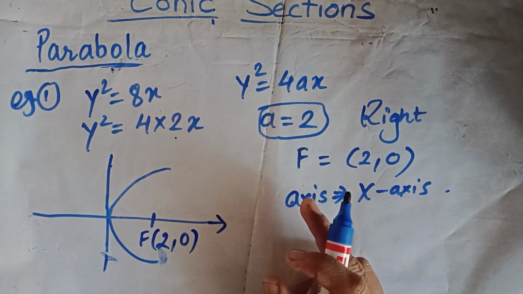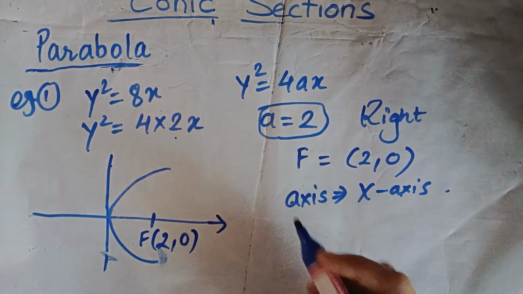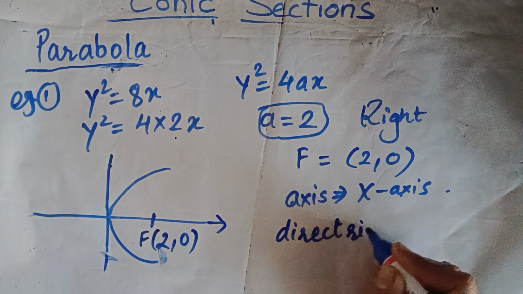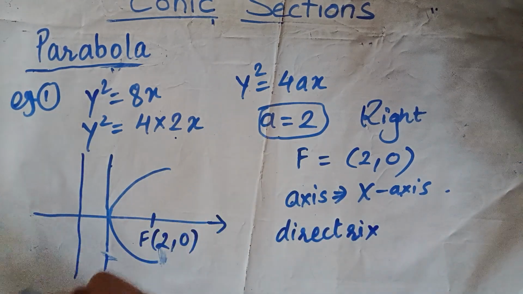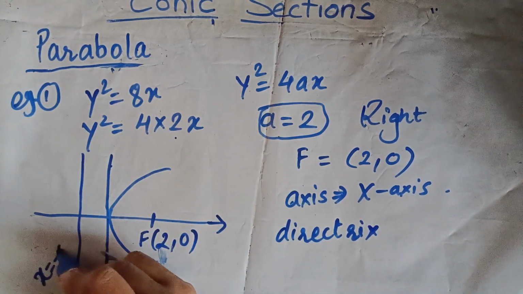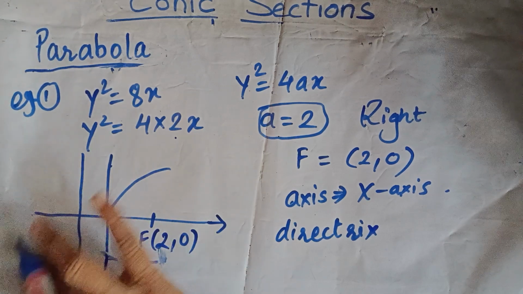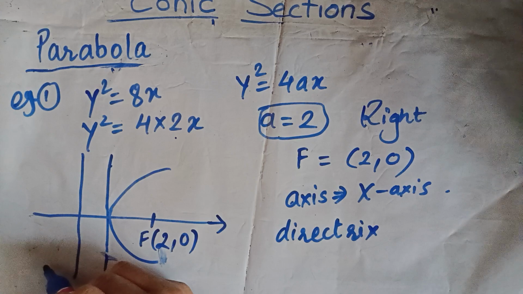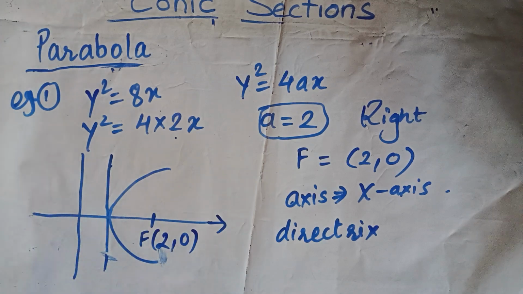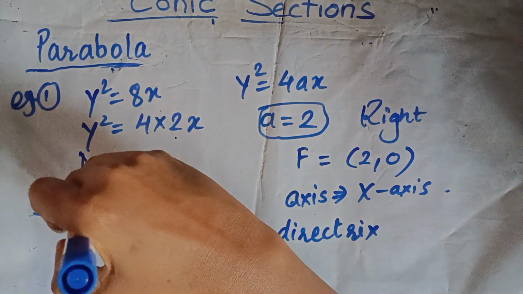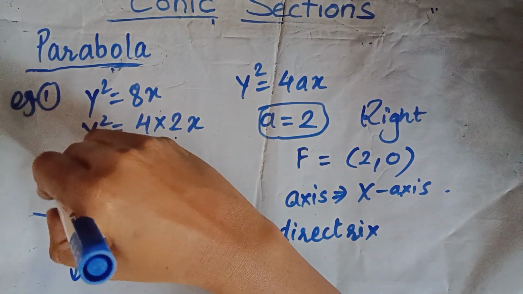Then we have to find the equation of the directrix. For this type of parabola, the equation of the directrix is x equal to minus a.